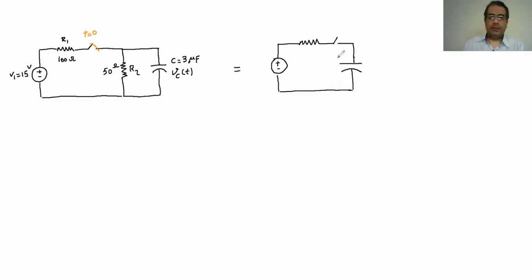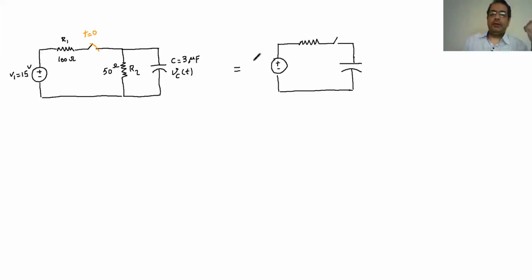We want to replace this one with this one, because this is the one we learned how to solve. This is how we know how to charge the capacitor through a single resistance. So we'll have to convert this one to this one.